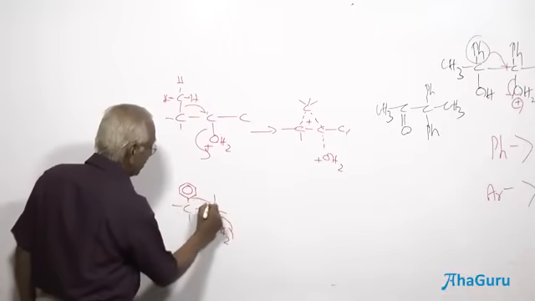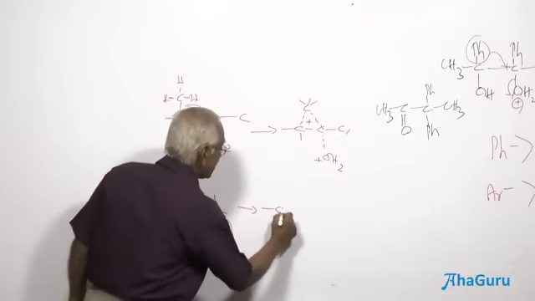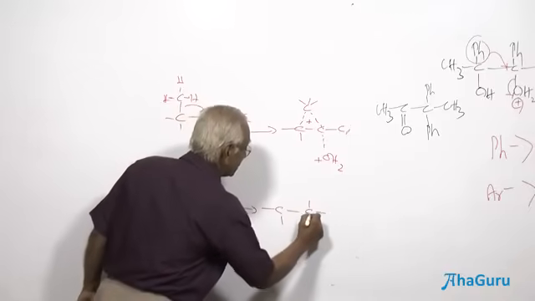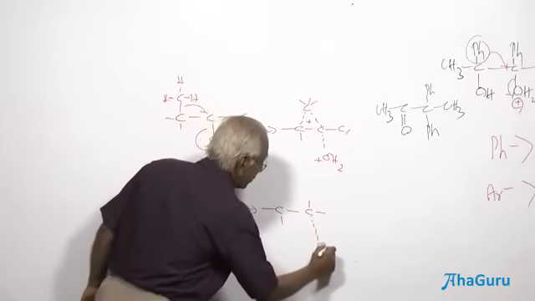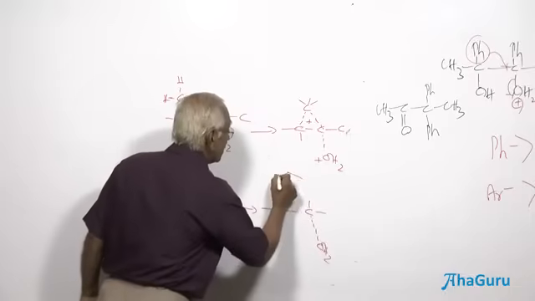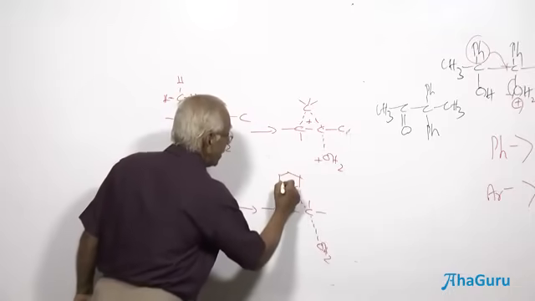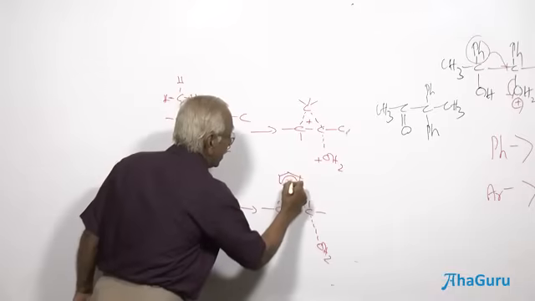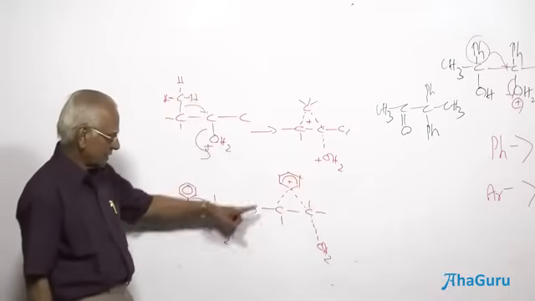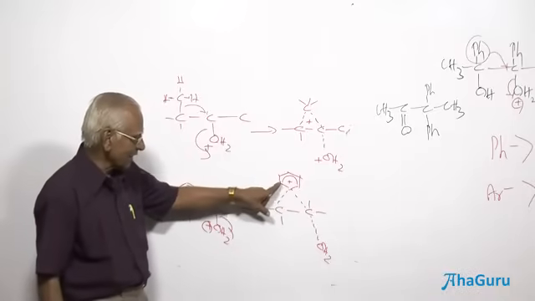Now, I want to shift this. Now, what is the transition state? OH2 plus. I have not put a complete circle here.